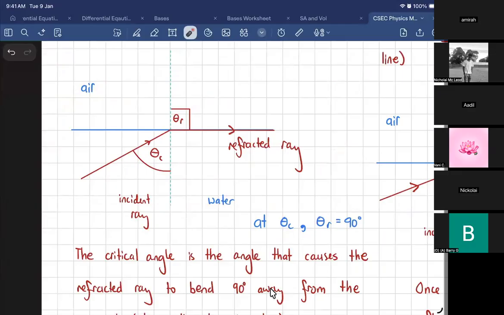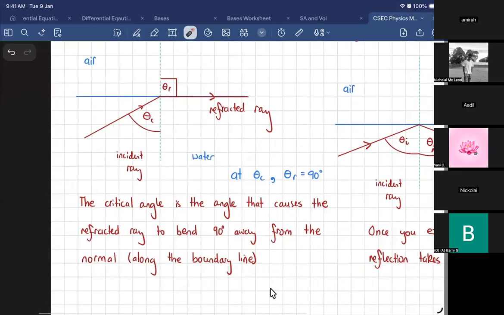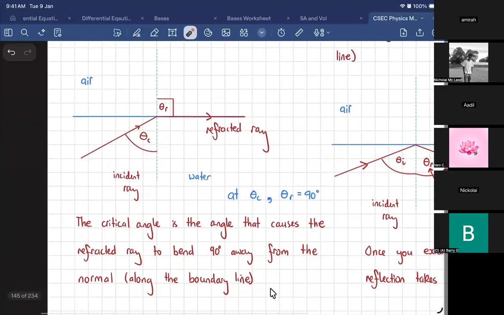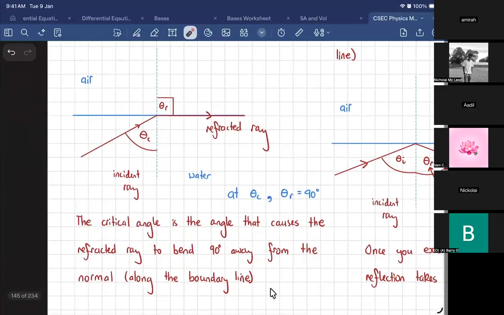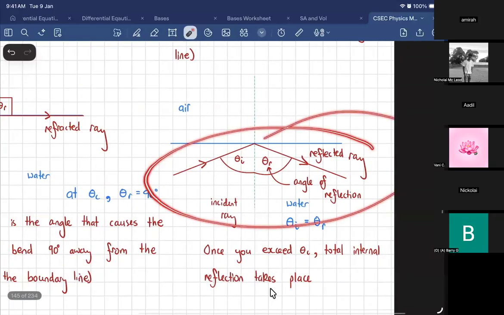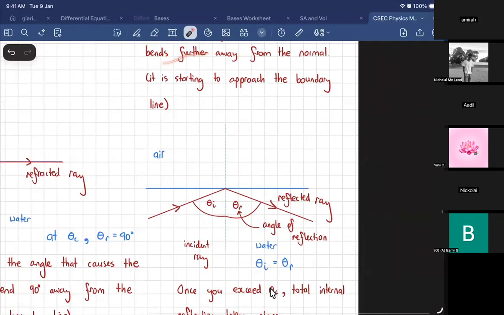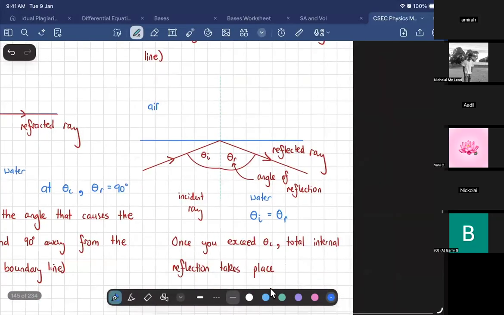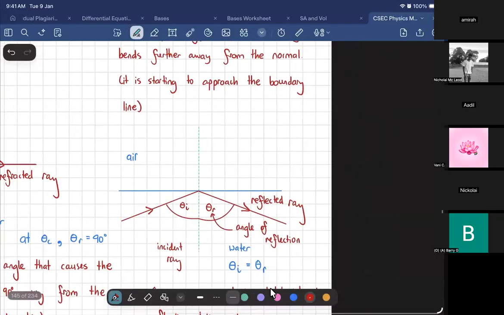You understand? Yes. And at the critical angle, what is the angle of refraction? 90 degrees. Perfect. And if I were to increase this any more, it's going to go from water to water, and at that point you're going to have total internal reflection. I hope that makes sense. Yes, sir. It makes sense.